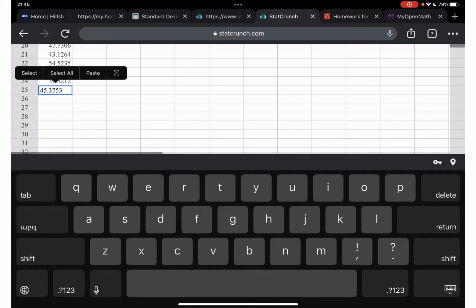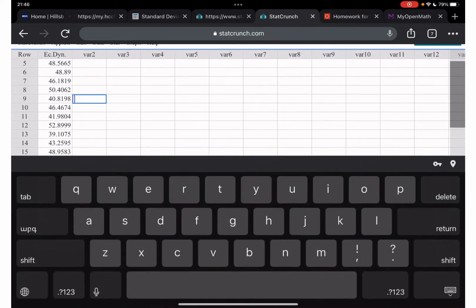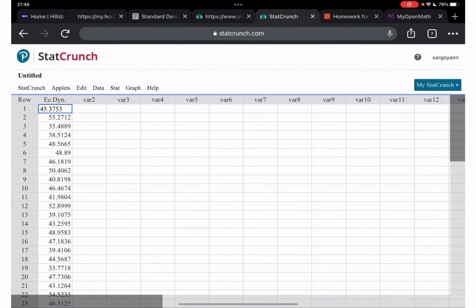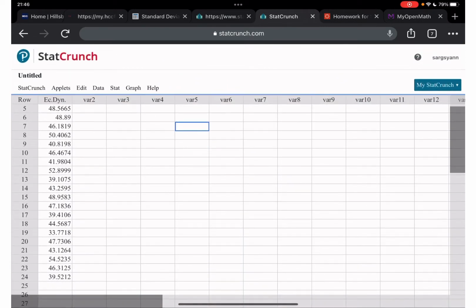It's a little bit difficult to work on an iPad. Okay, cut. And I'm going to paste on the first one. There we go. So how many do we have? Let's scroll down, 24.